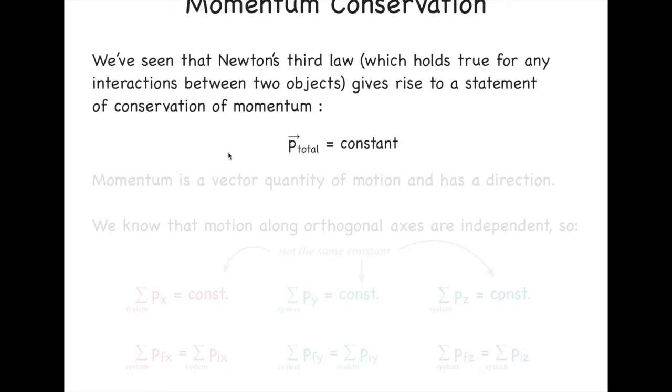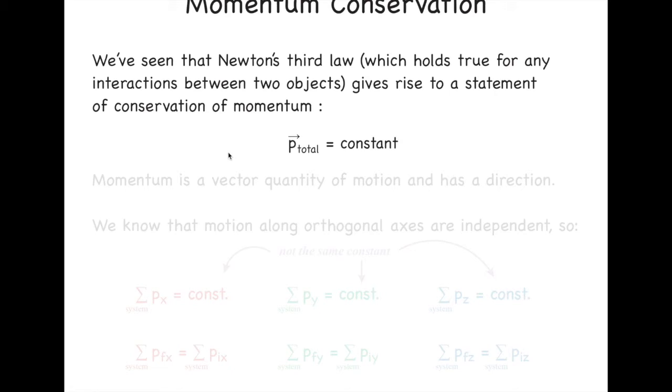Let's move on now to the concept of momentum conservation, which we've already discussed in some detail. So we've seen that Newton's third law, which holds true for any interaction between two objects, gives rise to a statement of the conservation of momentum.